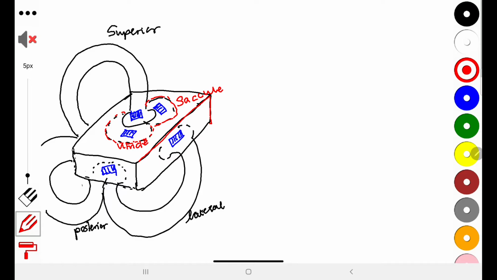Not only do we have that, but we also have some canals.